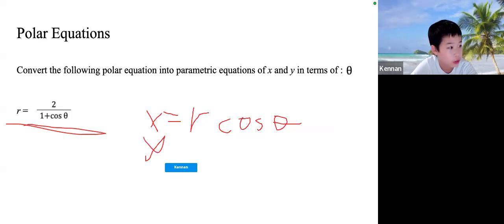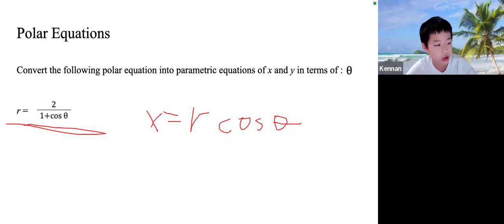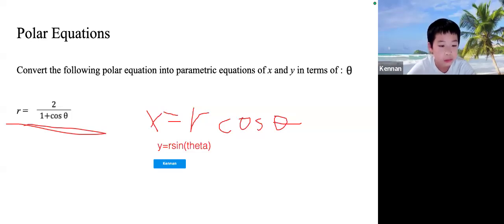I'll just type from now on then. y equals r sine theta.